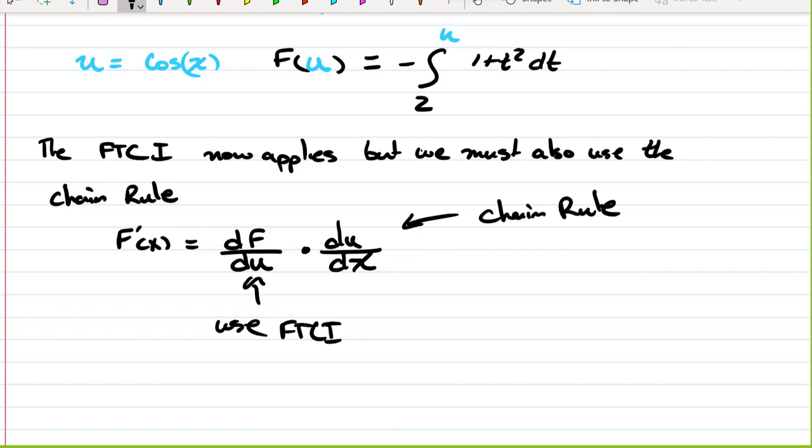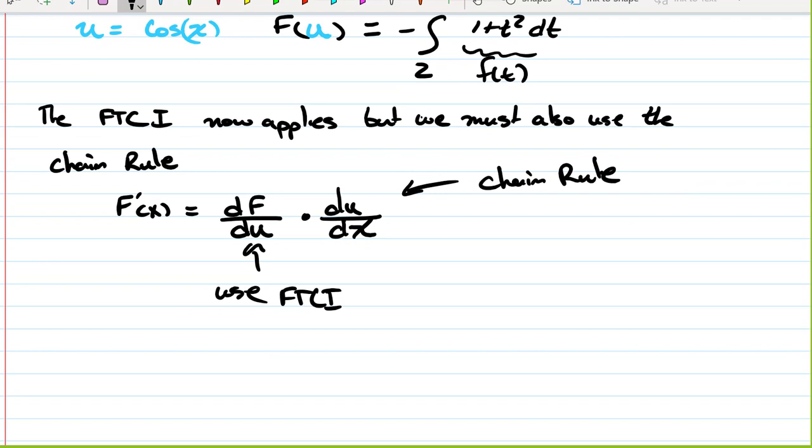So our derivative, we have here our f of t, and it says we are going to replace our variable t with our upper limit of integration, which is u. So don't forget we have this minus sign out in front, so we get negative f of u times du dx, and our du dx is going to be negative sine x.